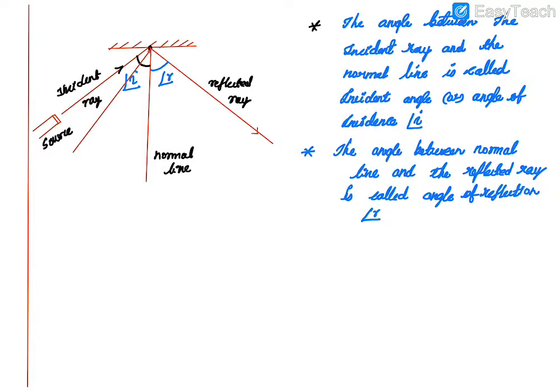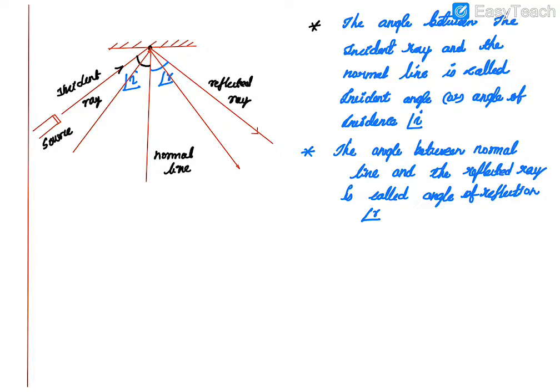At which direction will it go? From here it will go in some direction. So always remember, students, based on your angle of incidence your angle of reflection will change.